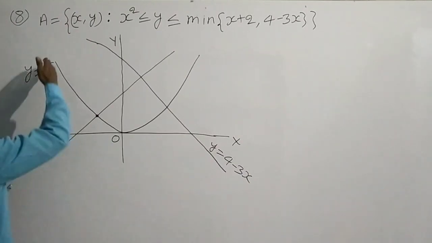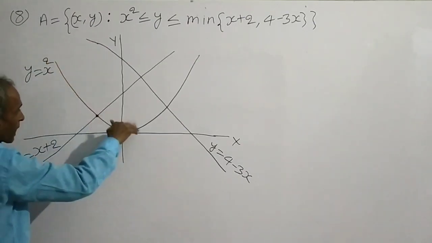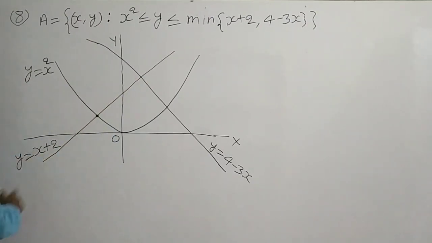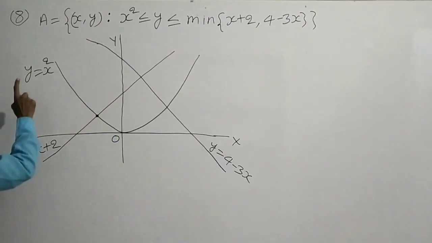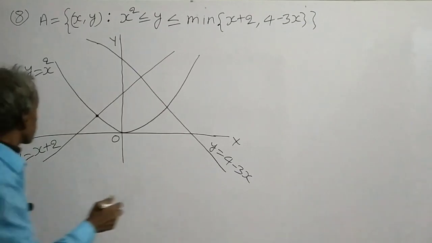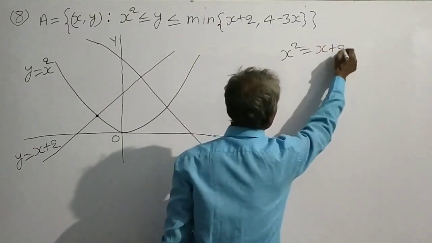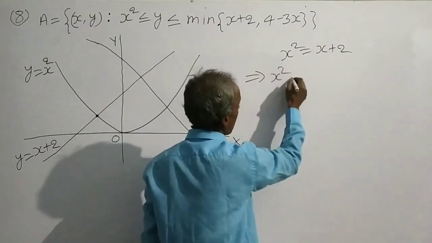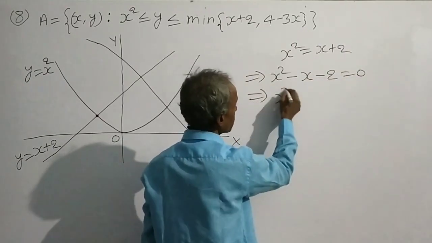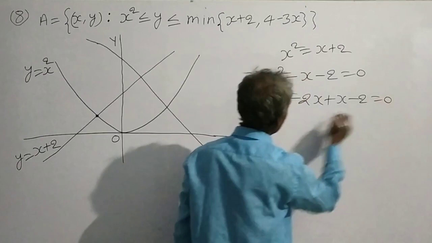For this purpose, we will solve the equation of this parabola and the equation of this straight line. Putting y is equal to x square at this place, we get x square is equal to x plus 2. This implies x square minus x minus 2 is equal to 0. This implies x square minus 2x plus x minus 2 is equal to 0.